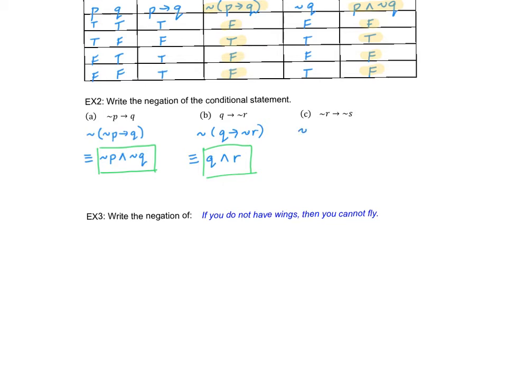We want to negate if not R, then not S. So that would be equivalent to keep not R, and negate the negative, so the not S becomes an S. Okay, so now we've shown the equivalence with the negation of a conditional statement, and we've practiced using that equivalence.